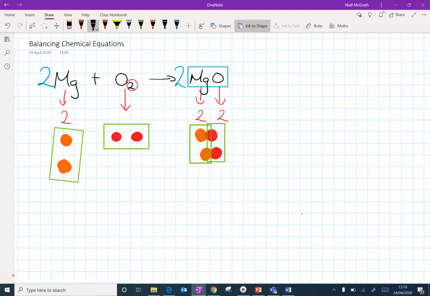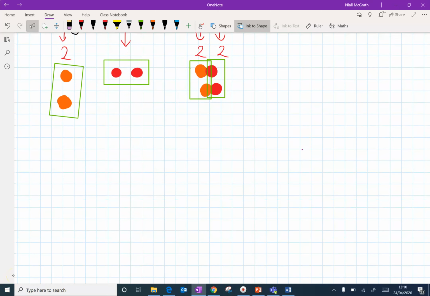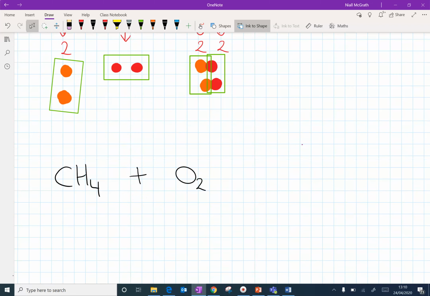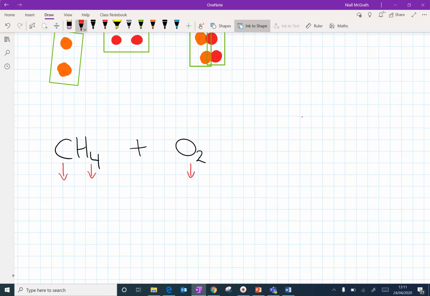Now, we're going to move on to a different example. We're going to look at methane, which is CH4, and that is reacting with oxygen. Oxygen is O2. On our left hand side we have 1 carbon, we have 4 hydrogens.